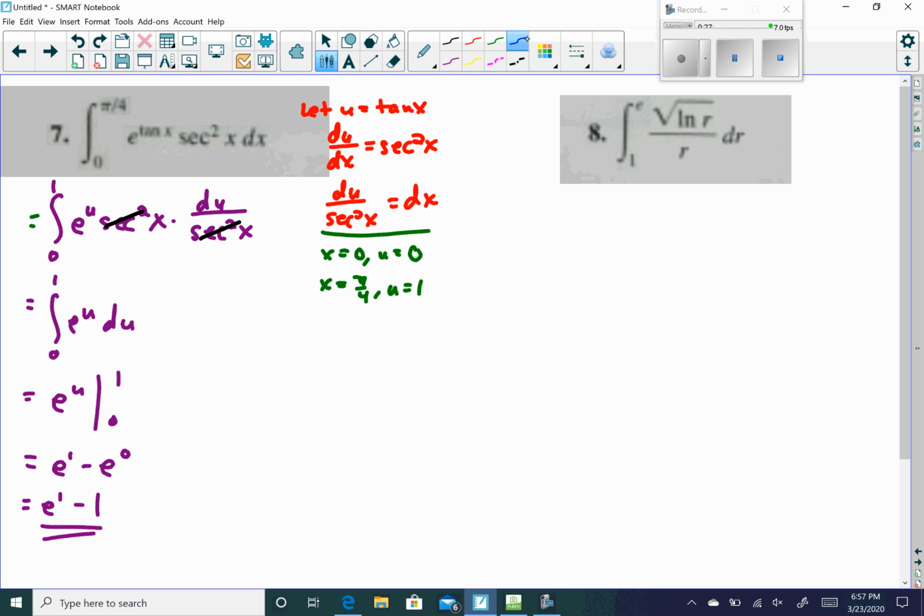All right, looking at number 8, we're going to let u equal the natural log of r. Again, because I want to get rid of that denominator r. So we're going to have du over dr is going to equal 1 over r. So r times du equals dr. Again, I'm going to change my values here. So when r is 1, natural log of 1 is going to be 0.